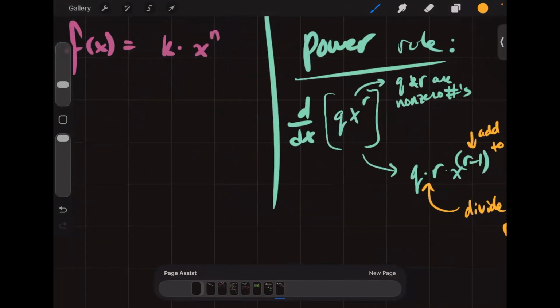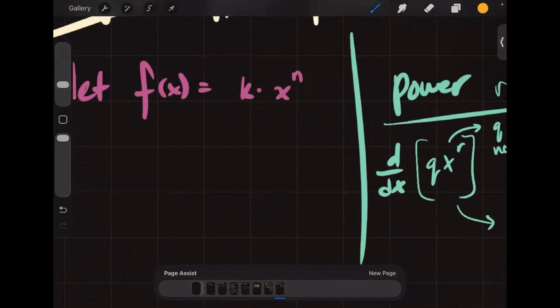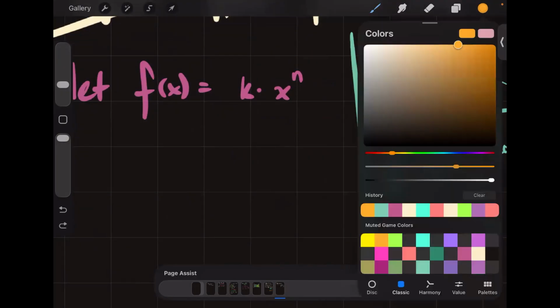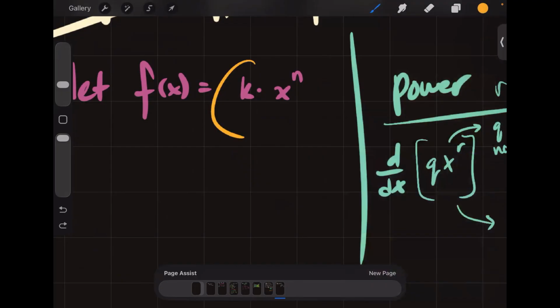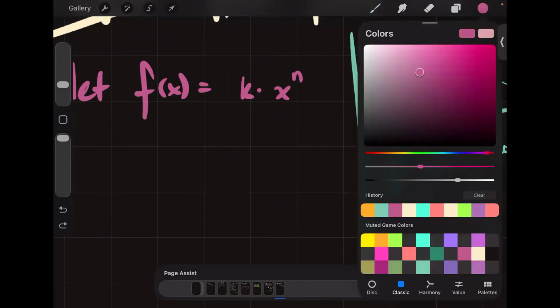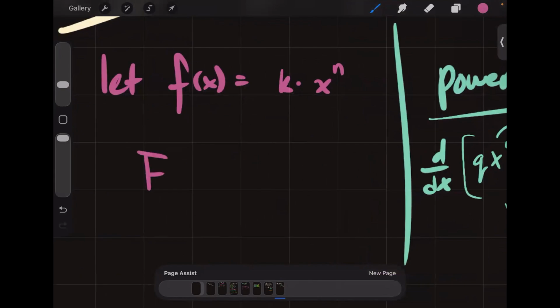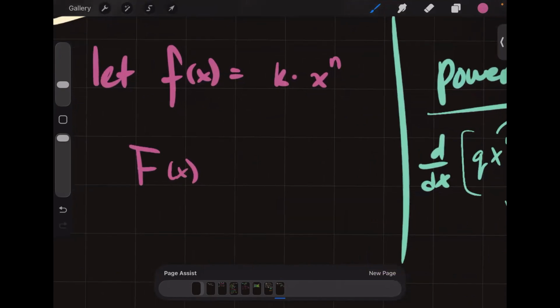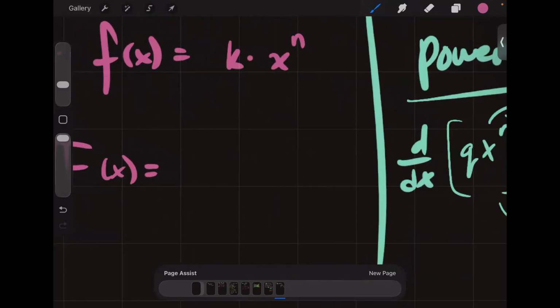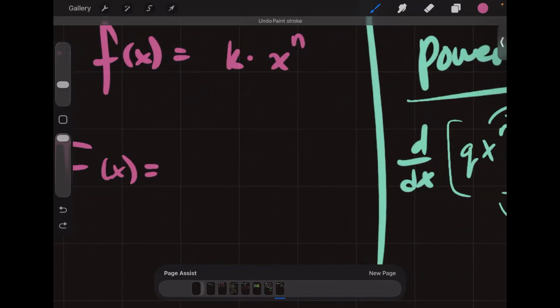And so this is your r minus 1, and this is your q times r, if you want to call it that. Then you know that big F of x is equal to, right, like that.